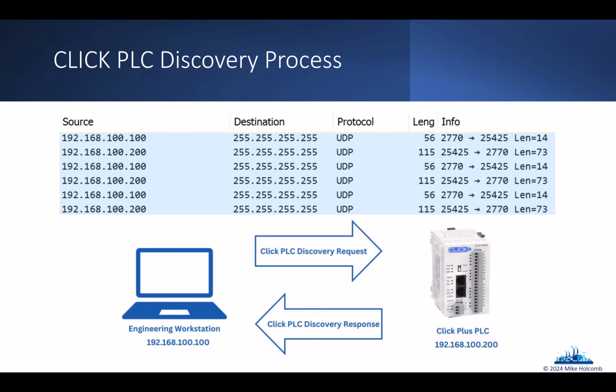It repeats it 3 times, which is why you see more than the initial request and response. And then if there's a Click PLC out there like we have here at 192.168.100.200, it responds back. So if anything, this is a way that we can find other Click PLCs in the environment.